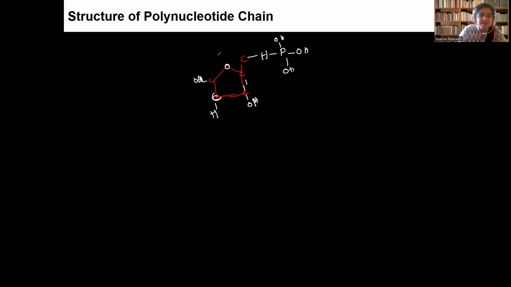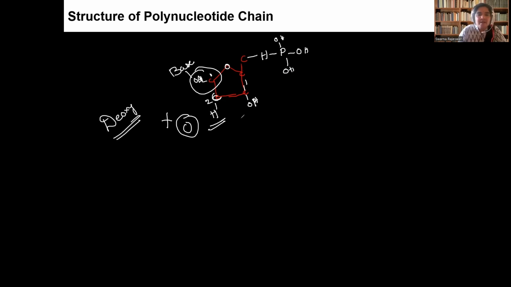See here, this is the first carbon to which the base is attached. This is the second carbon where OH is absent, which means one oxygen is absent, so we are calling it deoxy. And this is the third carbon, this is the fourth and this is fifth. So this is one nucleotide.